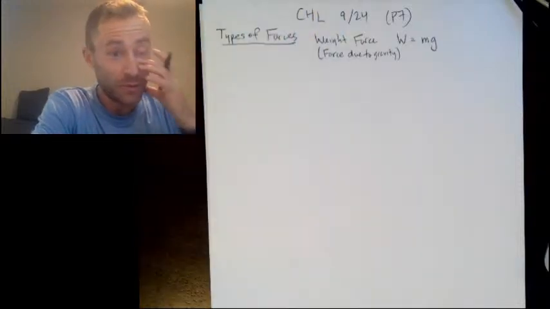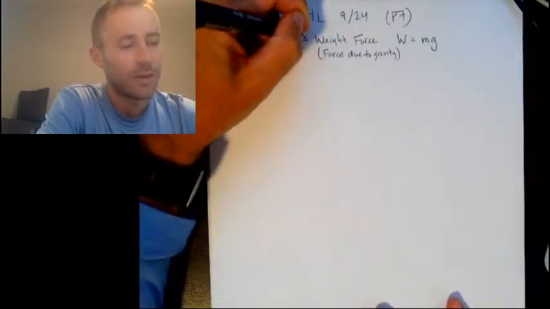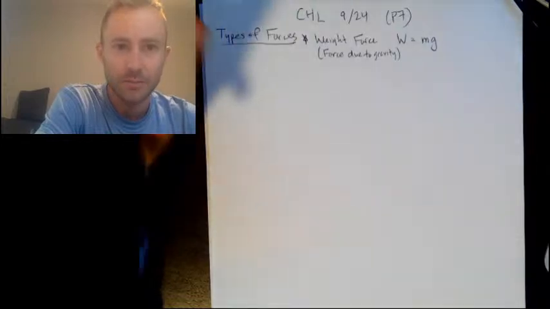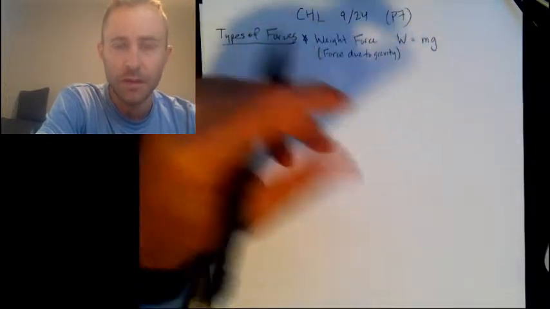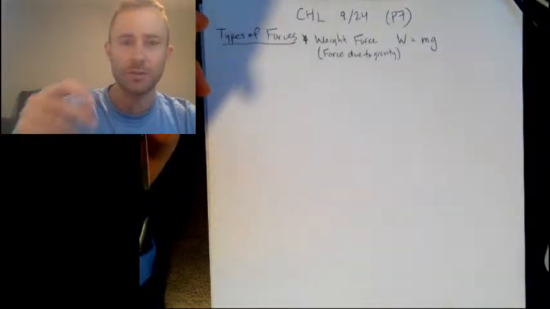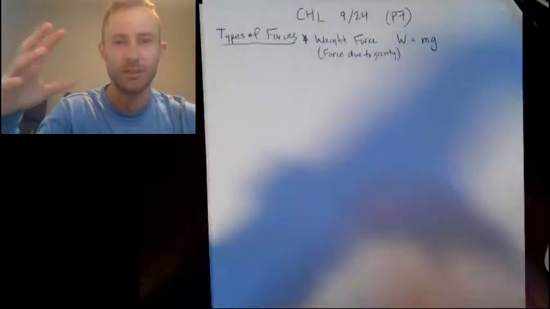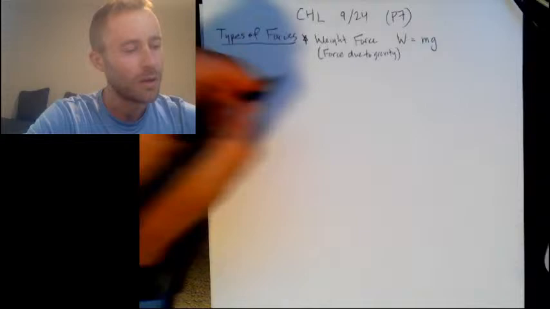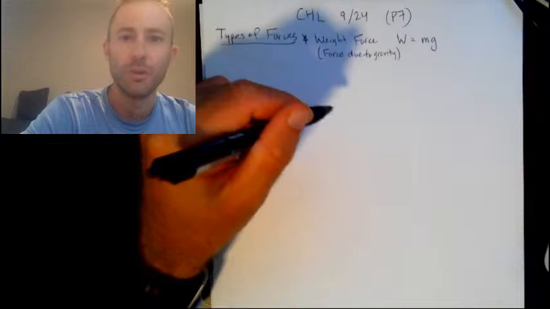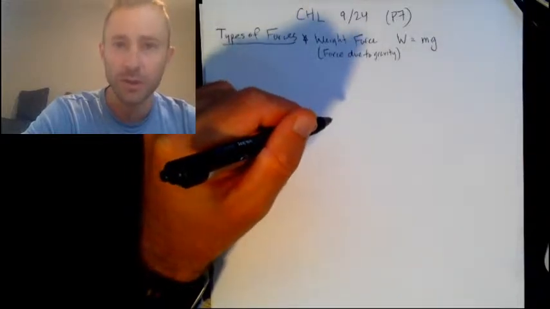It's important to emphasize the difference between weight and mass. Mass is an intrinsic property of an object. It's a measure of how much matter is inside that object, okay? Weight is the force of gravity acting on that. So your weight can change from place to place.